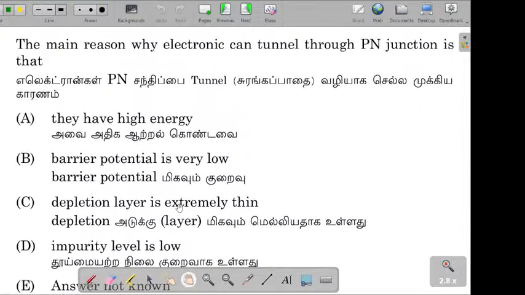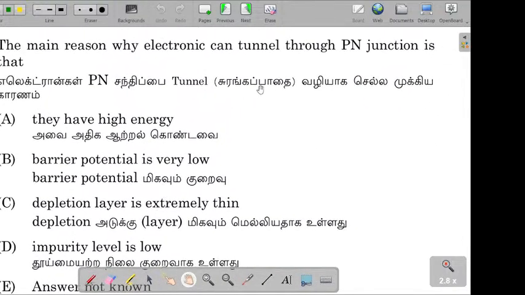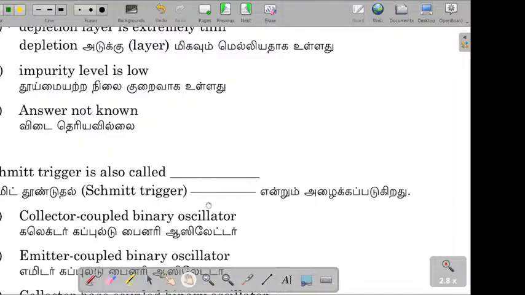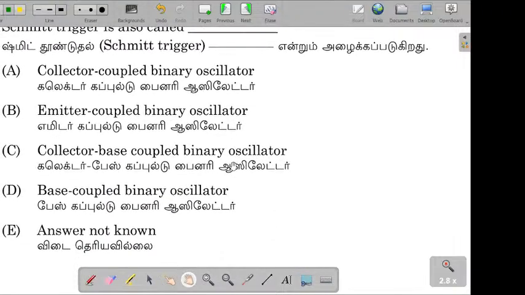Next, the main reason why electrons can tunnel through PN junction is that depletion layer is extremely thin. Schmitt trigger is also called emitter coupled binary oscillator.